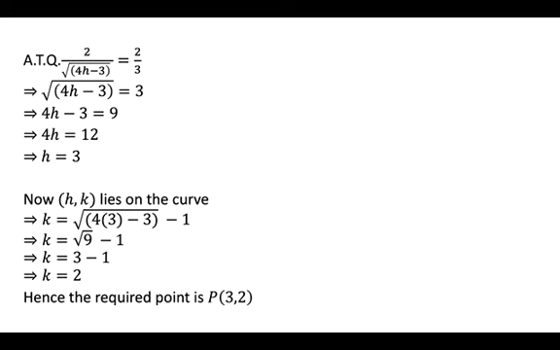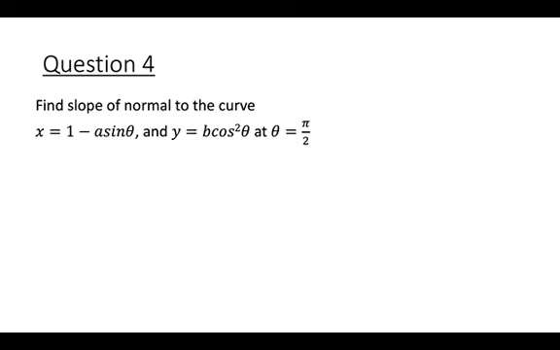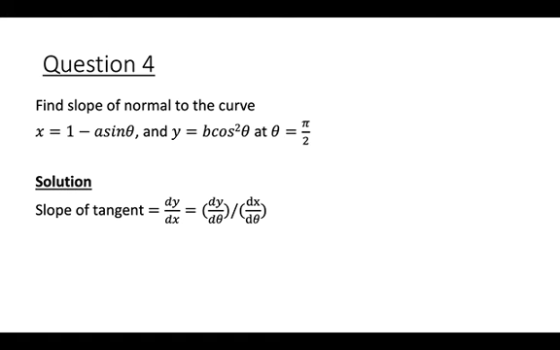Now one more question. Find slope of normal to the curve x equal to 1 minus a sin theta and y equal to b cos square theta at theta equal to pi by 2. We know slope of tangent is dy upon dx. So we will find out dy upon d theta and dx upon d theta.